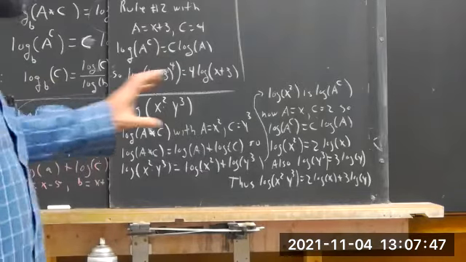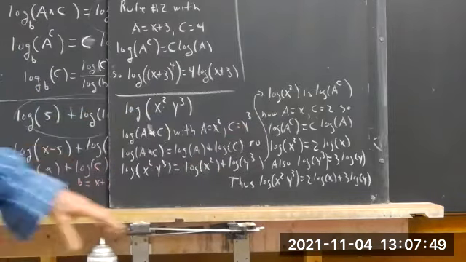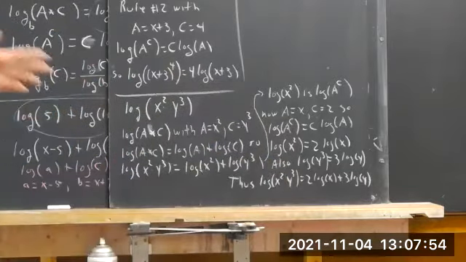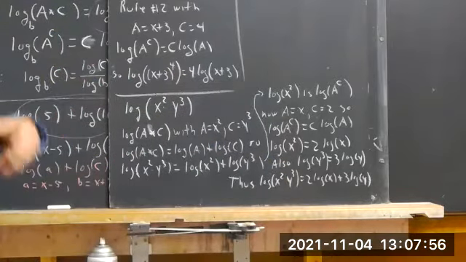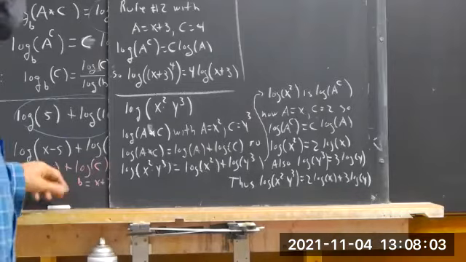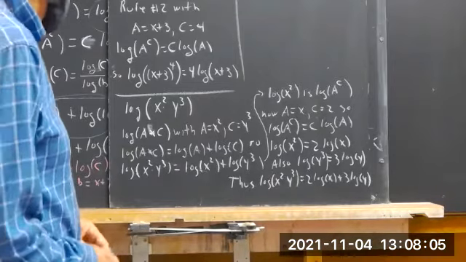So again, if you're not getting these pretty quickly, write it out the way I've written it out here. Follow the logic, match it up with the rule. After you've done that half a dozen times, you'll know it. Okay. Now, there's another rule.